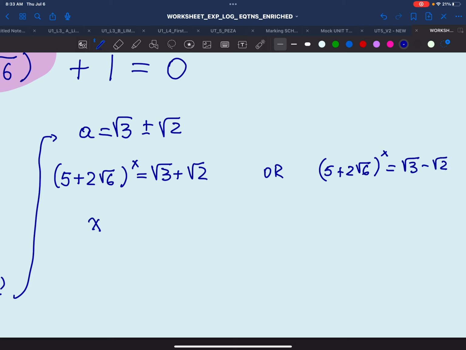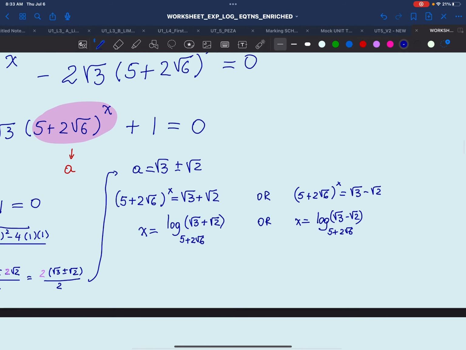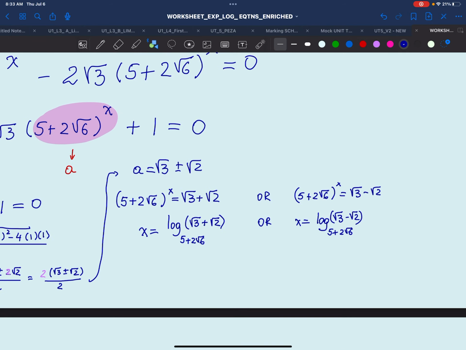So we'll say that x equals the log with base 5 plus 2 root 6 of root 3 plus root 2, or x equals the log with base 5 plus 2 root 6 of root 3 minus root 2. So this is the solution in logarithmic form.